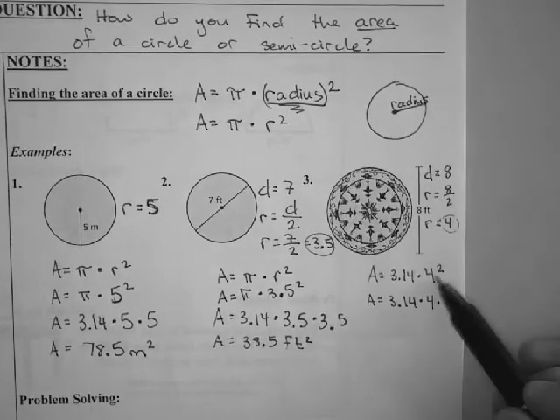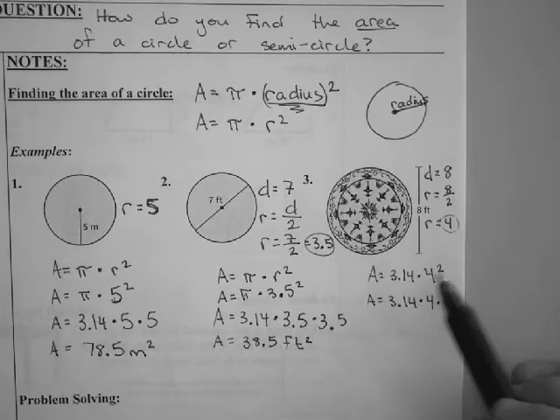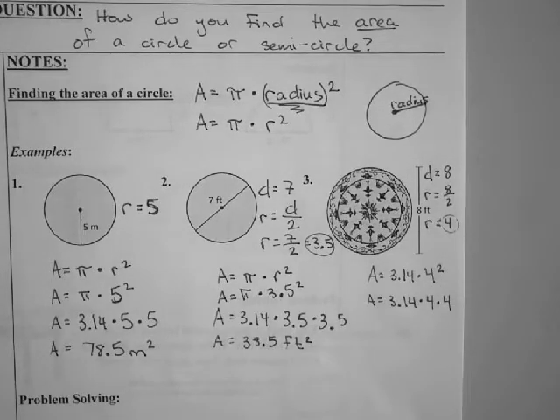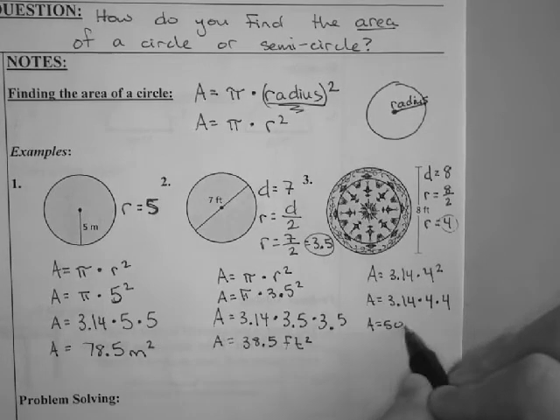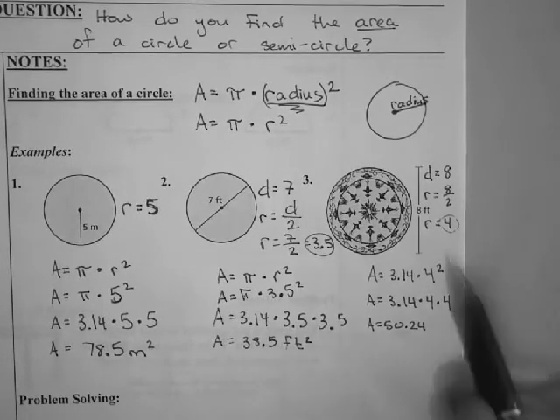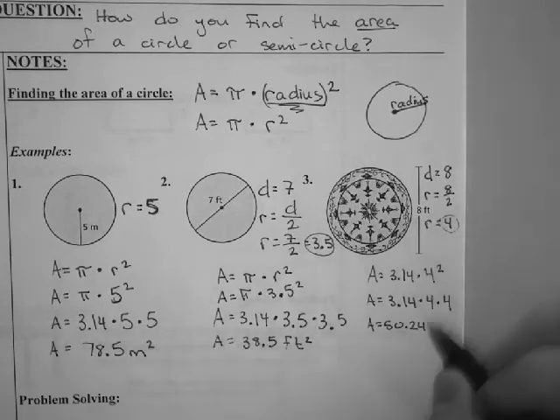Remember, 4 squared is just 4 multiplied by itself. So I'll use my calculator and do 3.14 times 4 times 4 equals, area equals 50.24, and our units is feet, so we do feet squared.